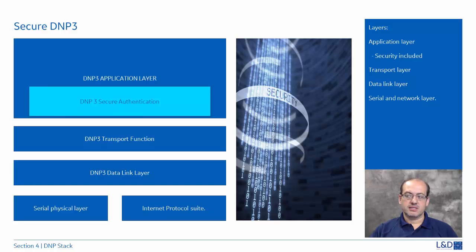Also, like I said, in the data link layer, you might find there is a DNP transport layer. So the new stack will look something like this: the application layer, including the secure authentication layer, and then a transport layer, and then a data link layer, and then a physical layer, which could be either a serial physical layer or an internet protocol suite layer.